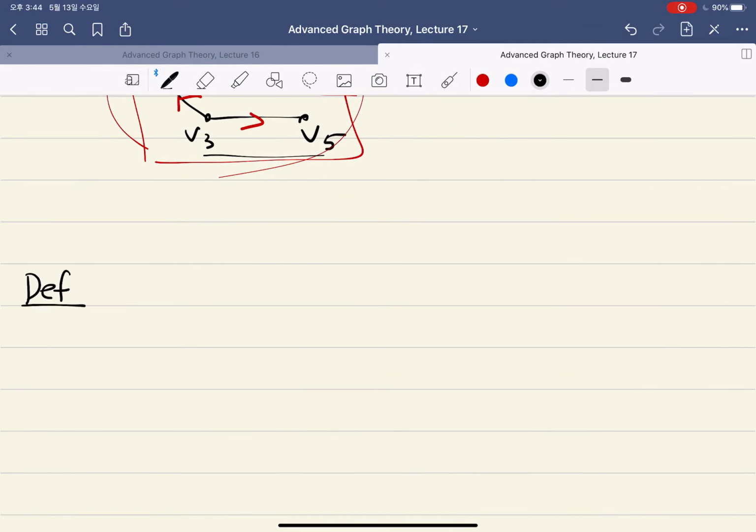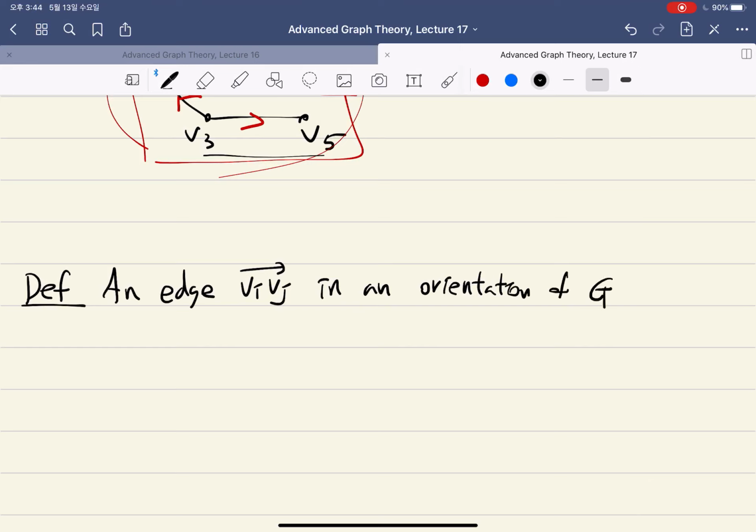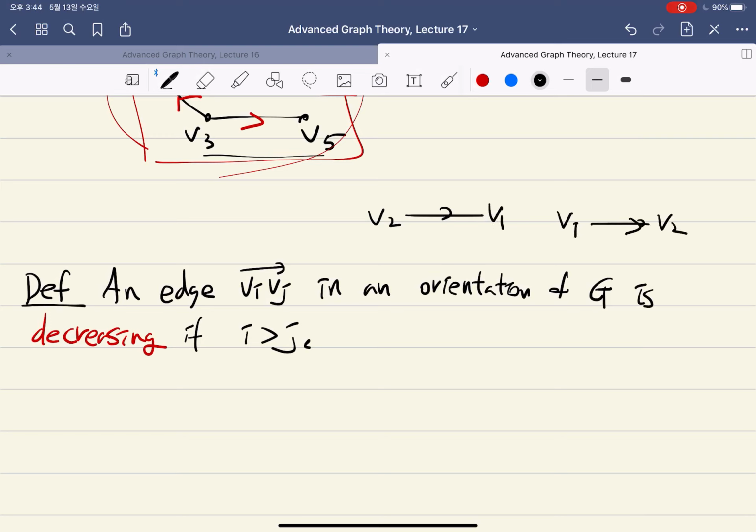So let's define, on H, Vi Vj, which is a directed edge in an orientation of G. Let's say this is decreasing if i is big and j is smaller. So V2 to V1 is a decreasing edge, but V1 to V2 is not decreasing.